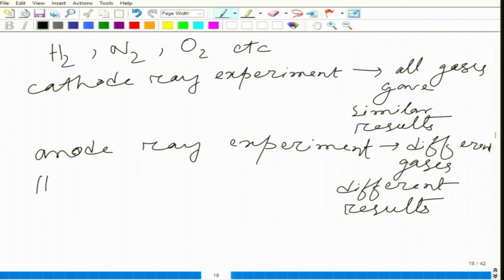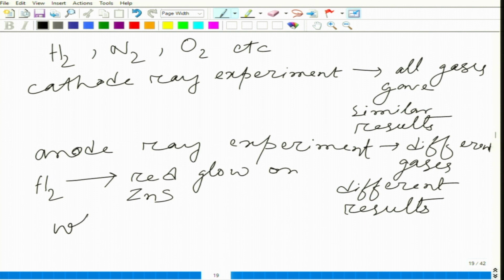For example, hydrogen showed a red glow on zinc sulfide, but different results for different gases. Why? This was a very interesting observation. So we will next study the results of the anode ray experiment. Thank you.